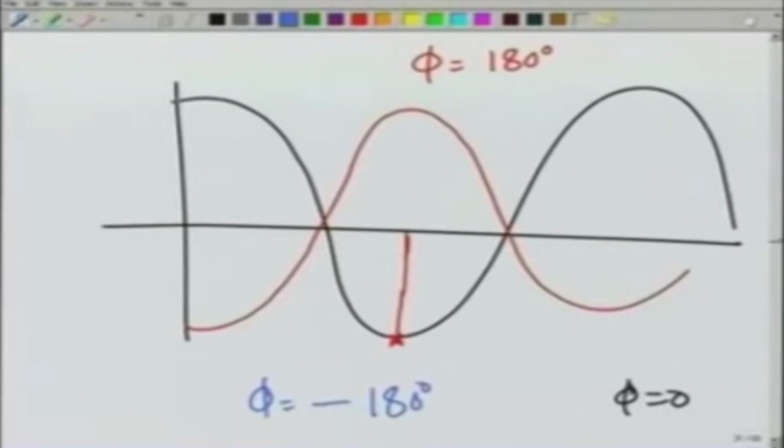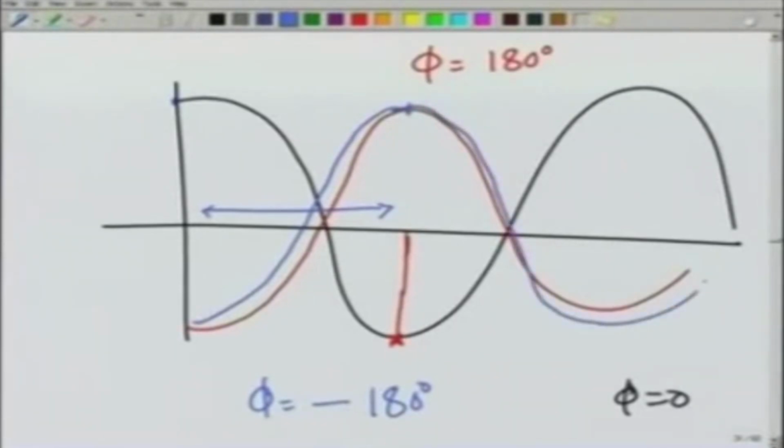It would catch up with the phase at 0 with 180 degree, catch up with the phase at 0 at a time which is given by this distance. So therefore this would shift here. So minus 180 degrees also would look something like this. So you see the phases 180 degrees and minus 180 degrees mean one and the same thing. Therefore, in describing the motion, it is best to keep phi limited between 0 degrees and 180 degrees.